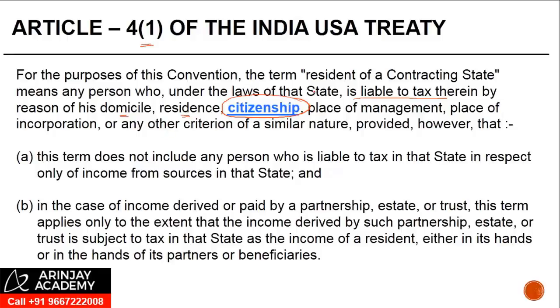Which means that if a person is a citizen of India or a citizen of US, he will be considered a resident within the meaning of Article 4.1. But when I was looking at the India-Austria Treaty, this word citizenship was missing, which means that insofar as India-Austria is concerned, every citizen of Austria need not necessarily be a resident of Austria for the purpose of Article 4.1.